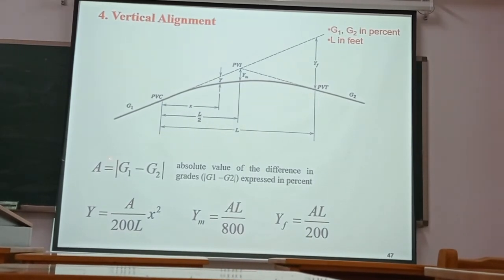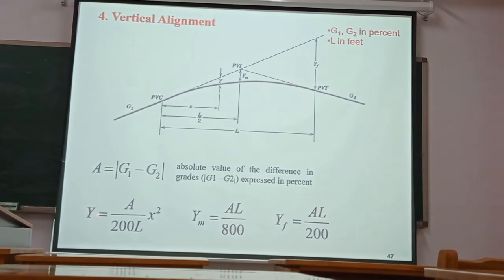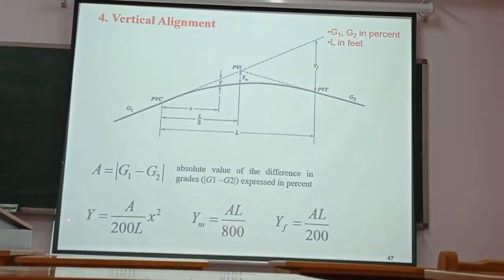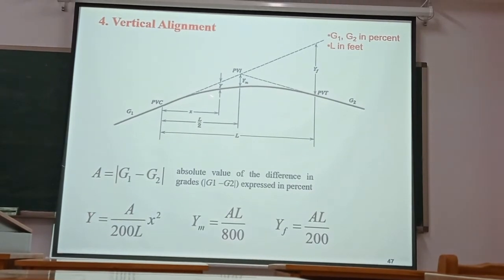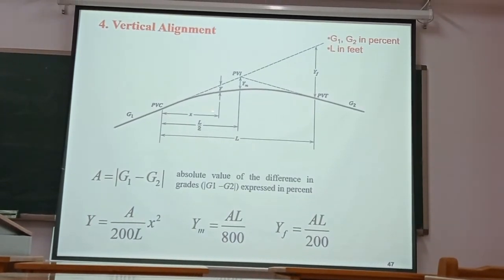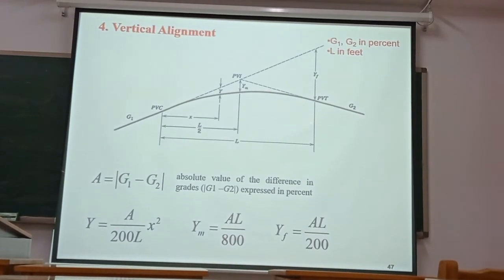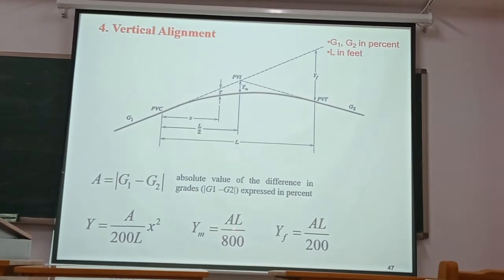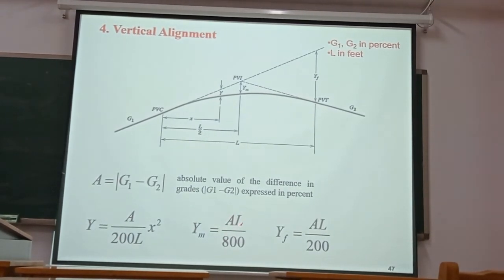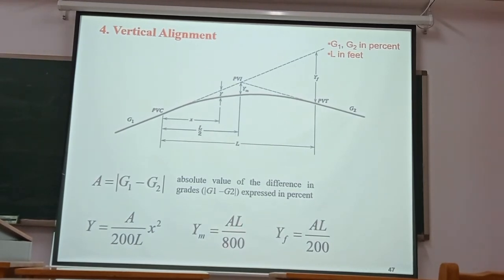When we get A, we should use this formula to calculate y. So x and L we know, and ym is A multiplied by L and divided by 800.